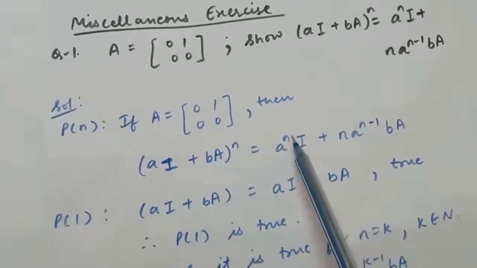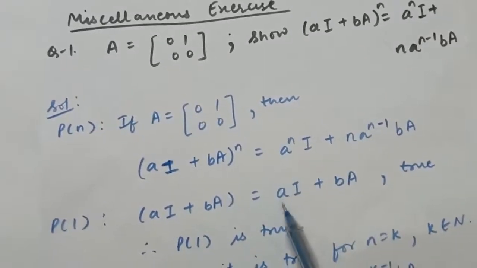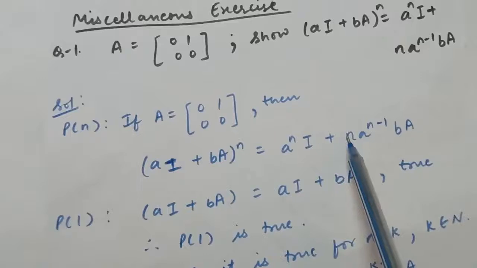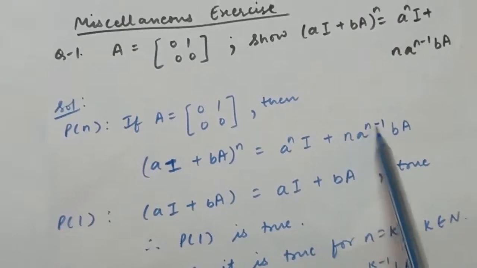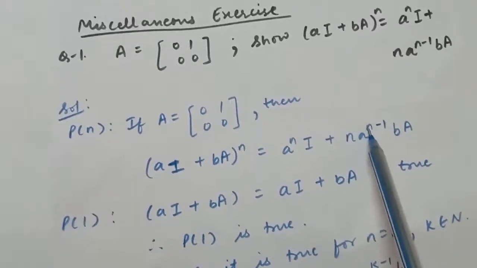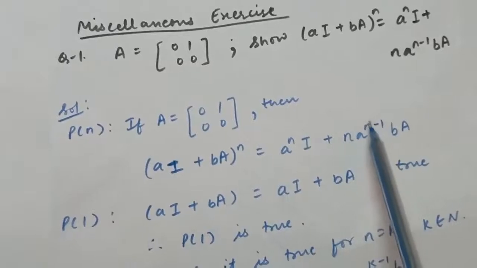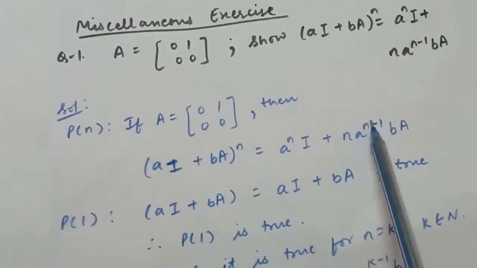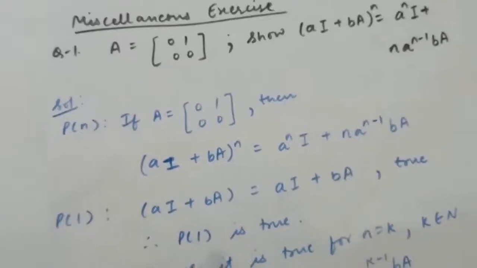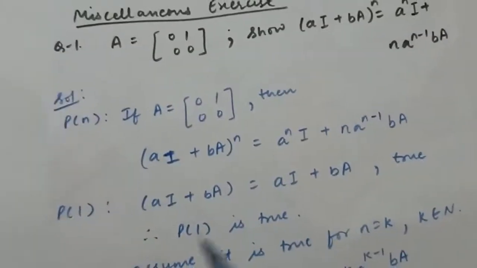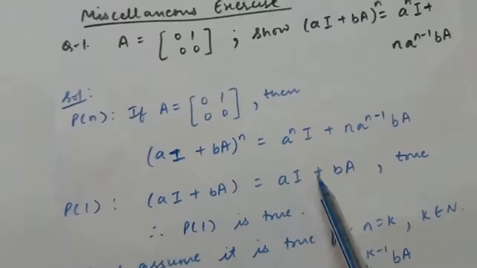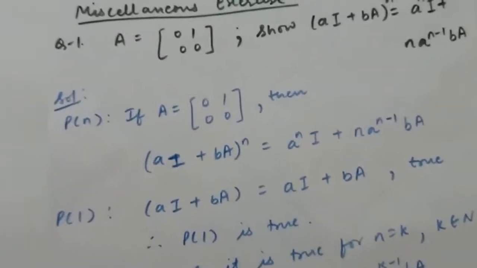In RHS, in place of n, put 1. So it will be aI plus 1 into A raised to the power 0. When you place 1 in place of n, 1 minus 1 is 0, and A raised to the power 0 is 1. So you will get in the RHS also aI plus bA. Therefore we can say P1 is true because both the sides are equal to each other.